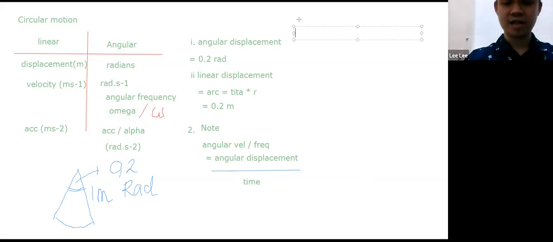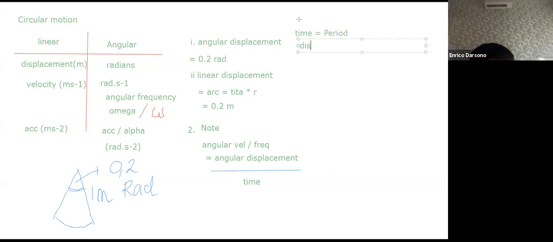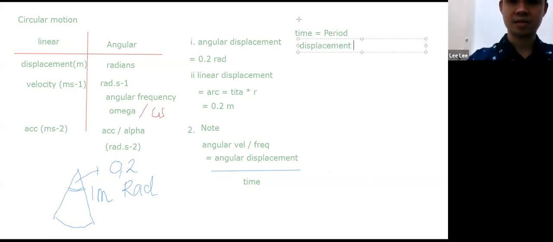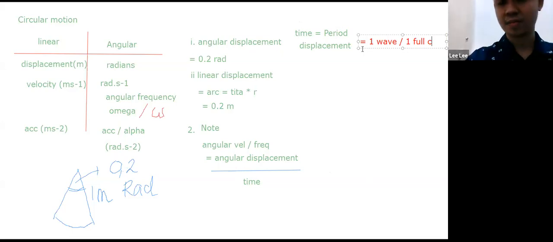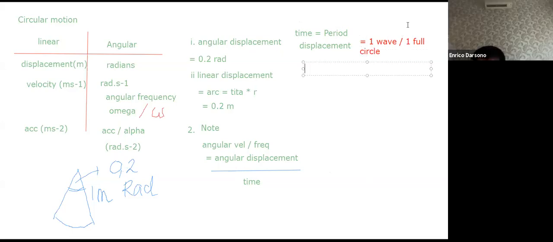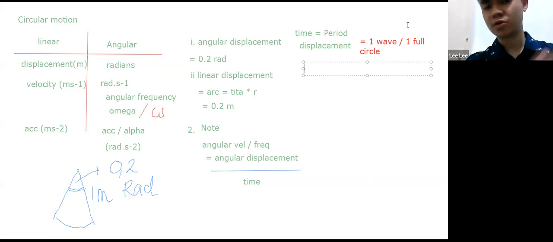So if I call the time as period, it means the displacement has to be what? Has to be one full wave, or I can say one full circle. When I say the time is a period, it means it finishes one motion. One motion means one circle.